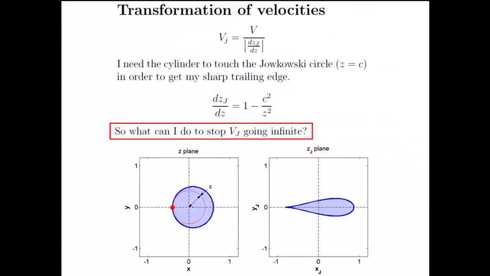So if we have a stagnation point sitting on top of the critical point, then at this point, the velocity V should be 0, right? So in that case, if I could manage to force the stagnation point to coincide with the critical point, then I don't have to deal with this Vj going to infinity problem anymore.